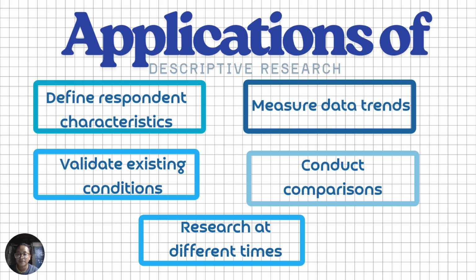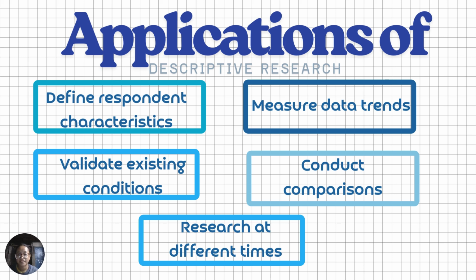It also helps validate conditions, like checking if most students prefer online or face to face learning. And researchers can also measure data trends, such as changes in reading habits over time. Businesses and schools use it to make comparisons or track differences at different times.